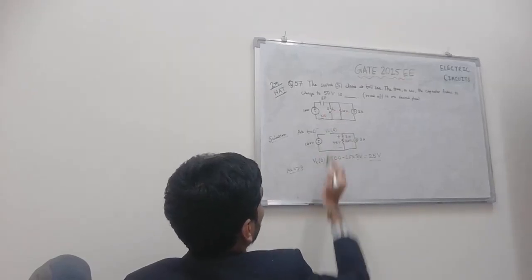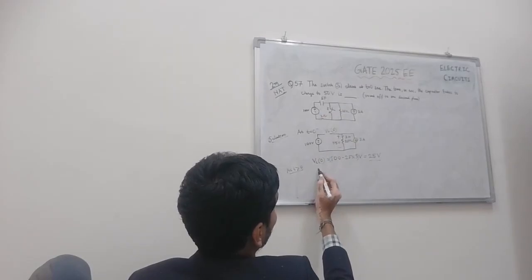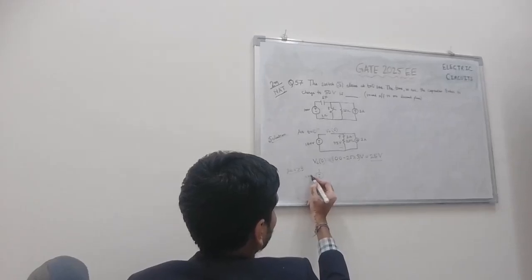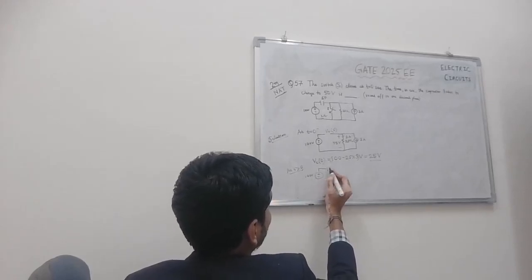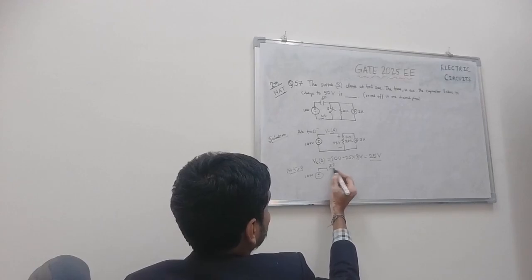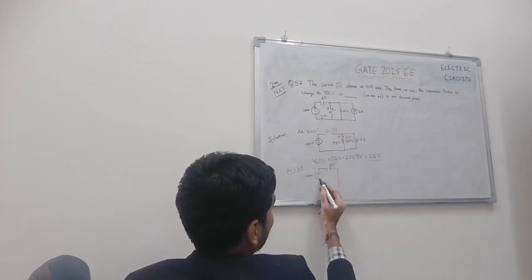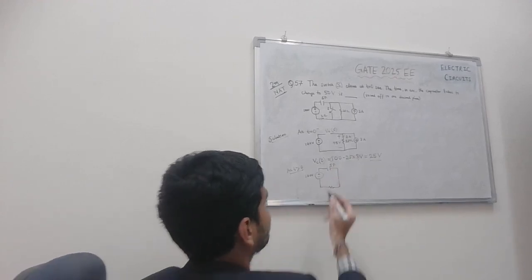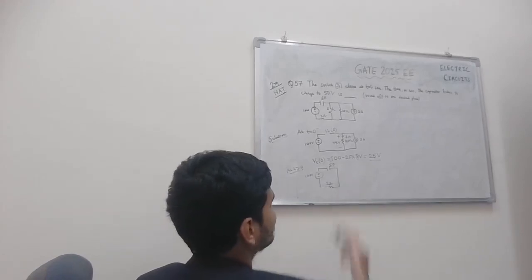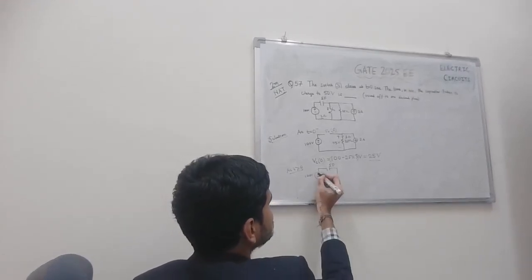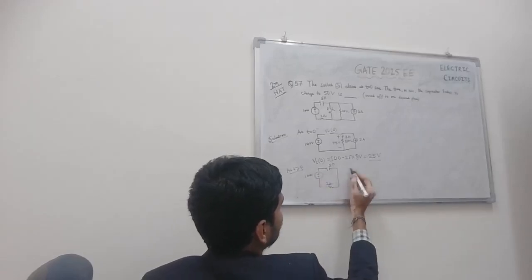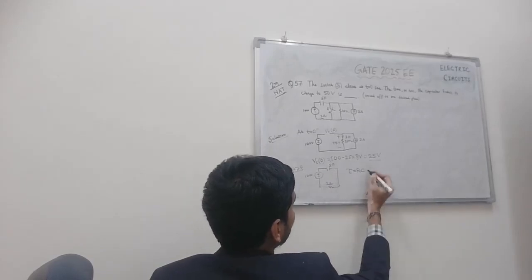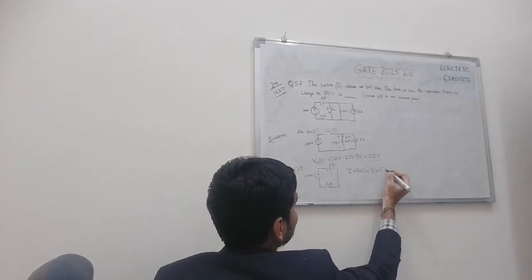The switch closes, with 100 volts applied. The current will be 2 amps. The time constant is R into C, that is 5 into 2, which is 10.